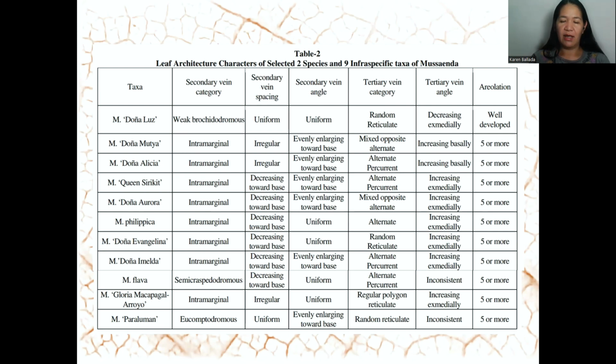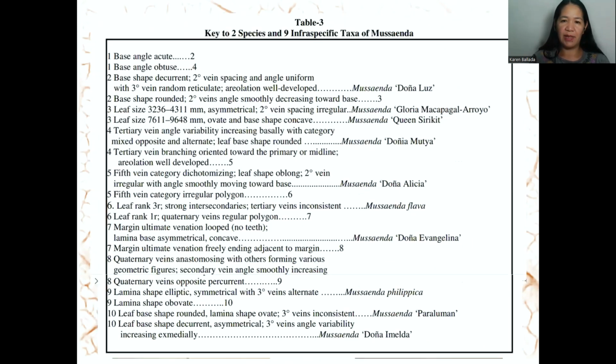Again, using this will help a lot in characterizing the different Mussaenda in the absence of reproductive structures. For this publication, they were able to translate their results into a dichotomous key so that you'll be able to identify the different Mussaenda that are presented in this study.